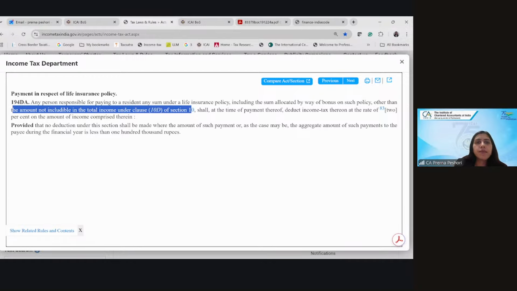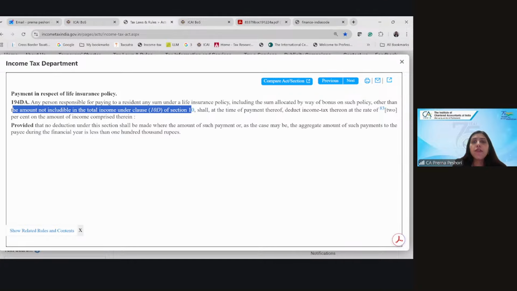What is it? 2.5 or 5? Yeah, 5 lakhs. I think there was an amendment. Yes, 5 lakhs.